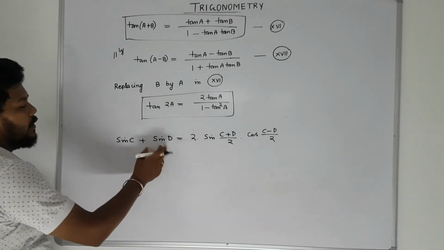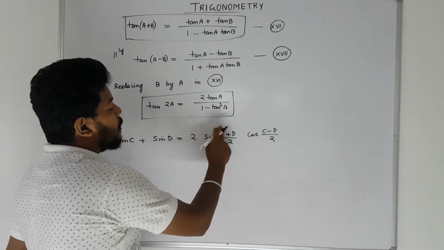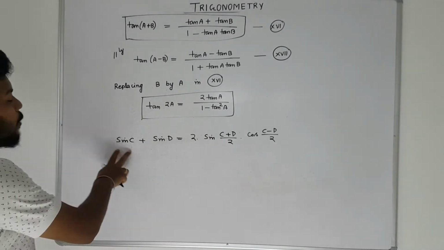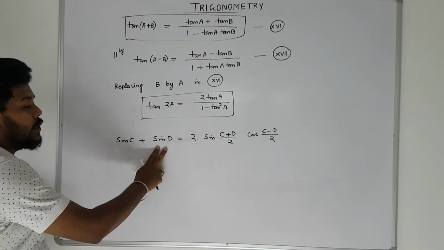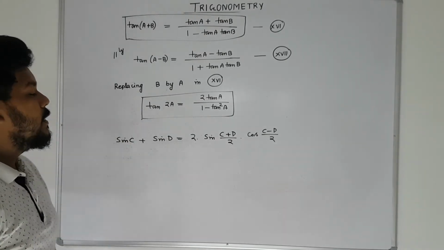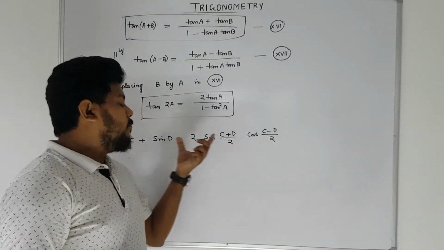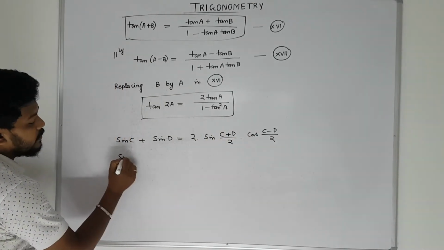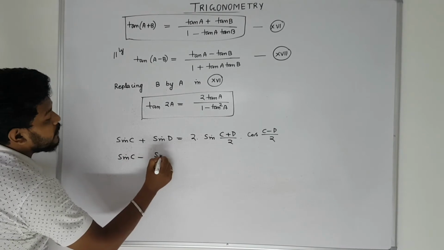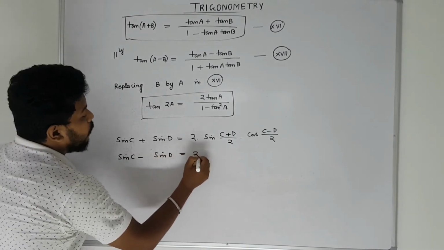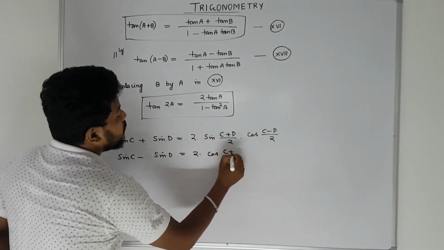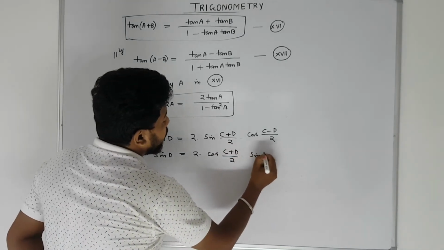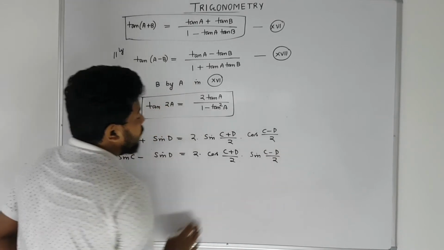That means the sum of two sine functions can be expressed as the product of two functions of sine and cos. Again, sin C minus sin D is equal to twice cos (C plus D) by 2 into sin (C minus D) by 2.